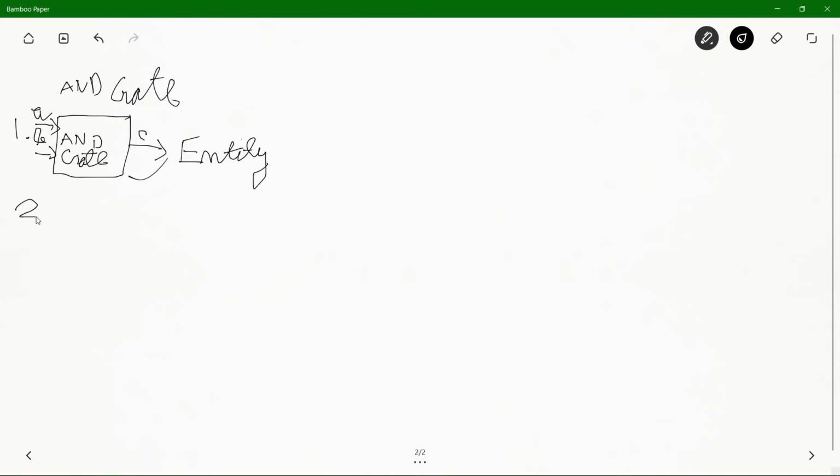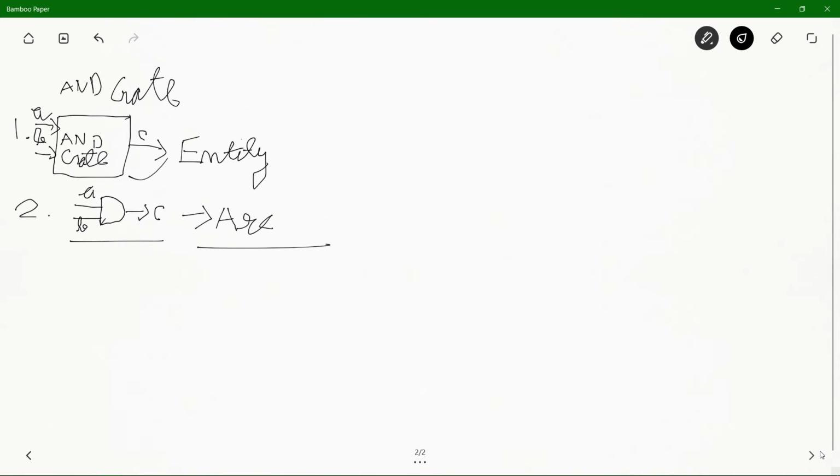Now from this block to this block, A and B and C, how is this block coming? This block is coming by the help of architecture. I am writing in short. This block is coming by the help of architecture.